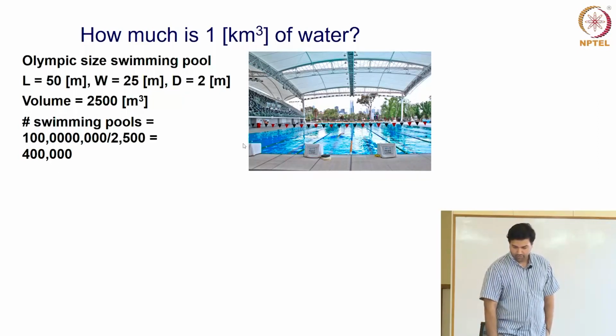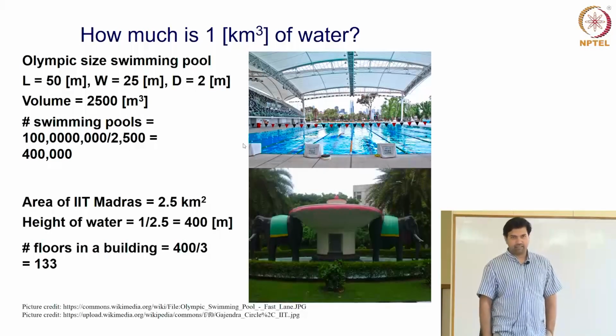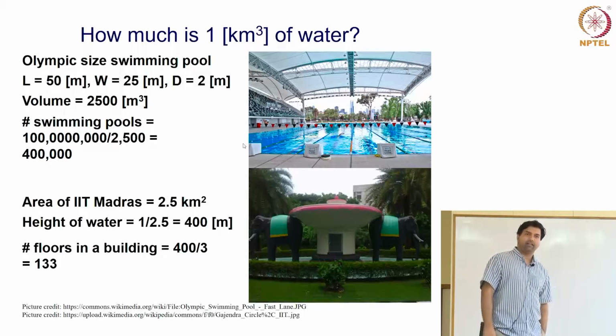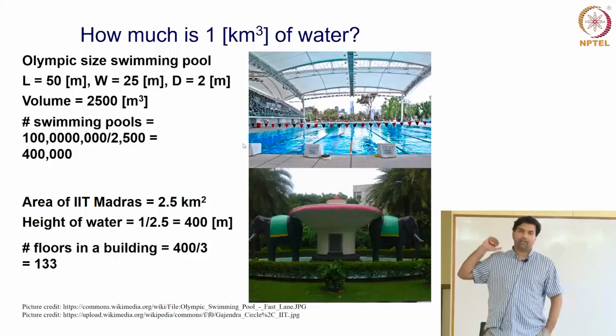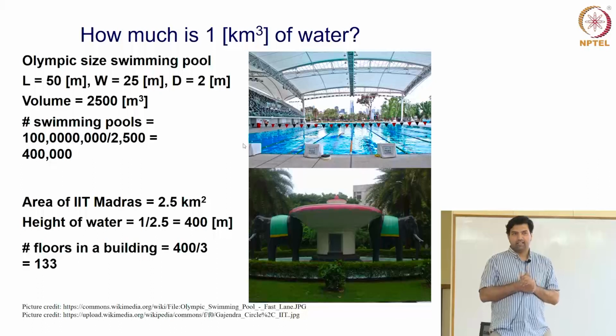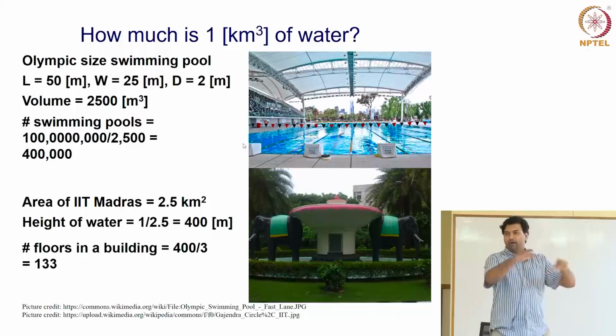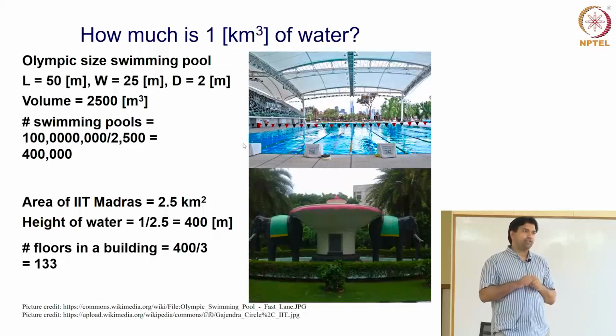Okay. Let's take the IIT campus. It's about 2.5 square kilometers. Now I want to put 1 cubic kilometer of water on top of this campus. Which means you will have about 400 meters of water all over the campus, and that will constitute 1 cubic kilometer of water. So how tall is 400 meters of water?